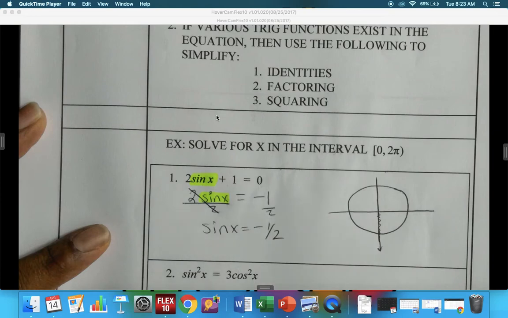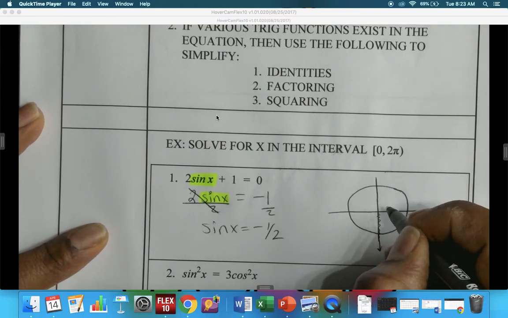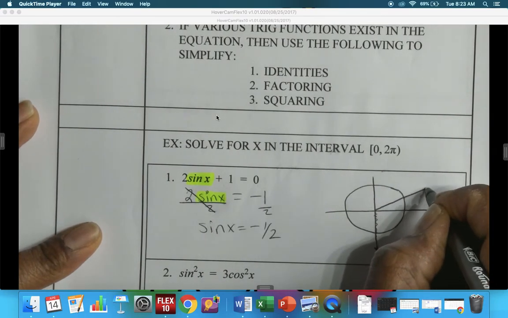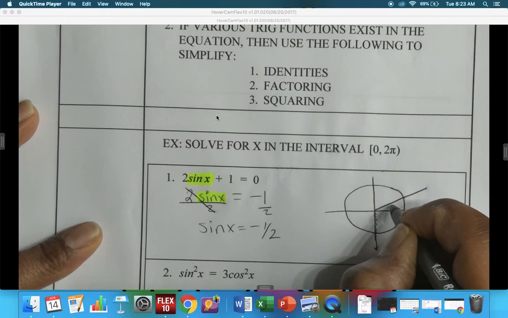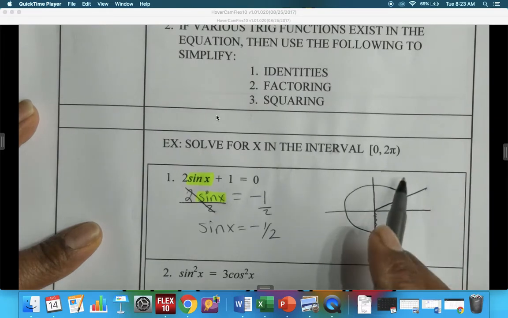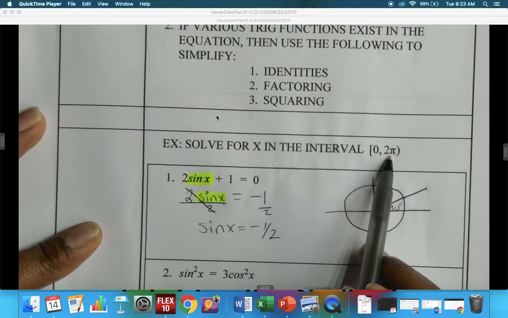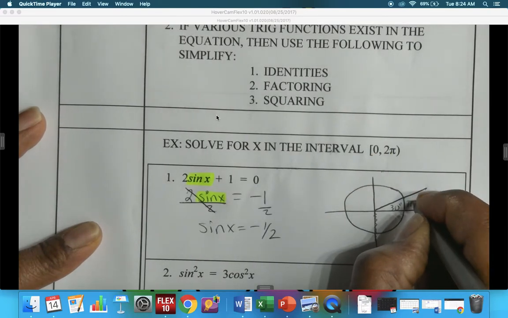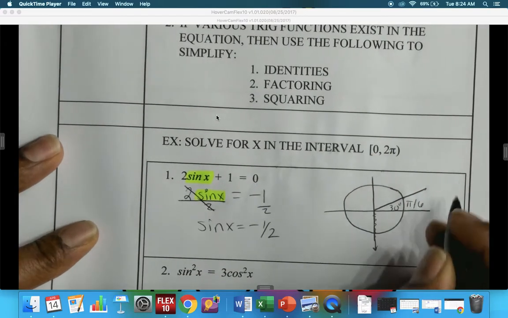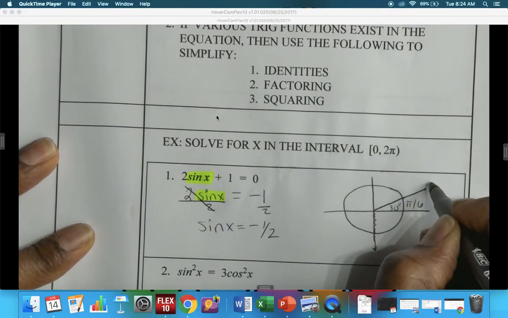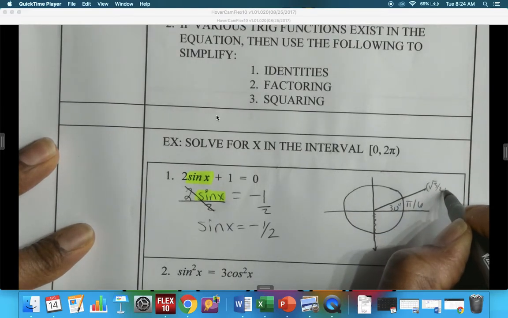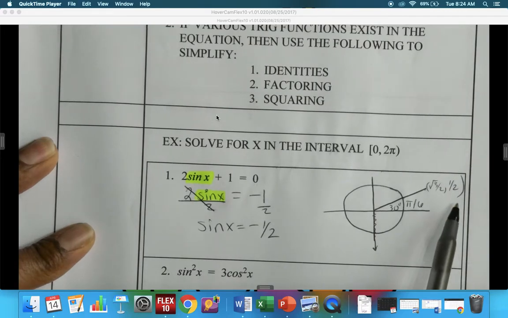When you have your unit circle in front of you, you can just look and find it here. If you didn't, you could use your reference angle. I know over here sine is positive, and I'm going to use radians since we're asked to go from 0 to 2 pi, which means keep our answer in radians. So at pi over 6 radians, sine is positive 1/2: root 3 over 2, comma 1/2.